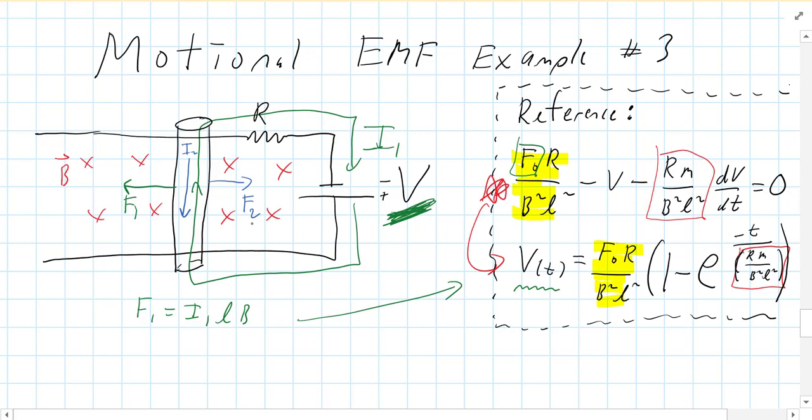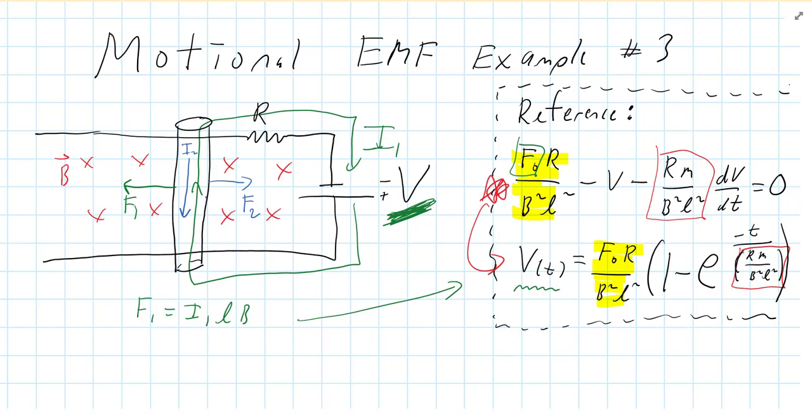And so that force will build until force 2 equals force 1. And when that's achieved, the bar will reach a terminal velocity. It will stop accelerating. Now, a note, when F2 equals F1, that also means that I2 equals I1. What that means is literally there will be no net current in the circuit.